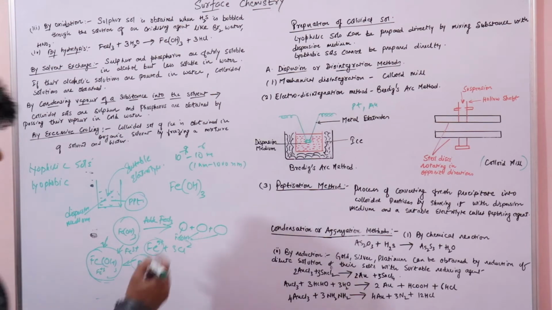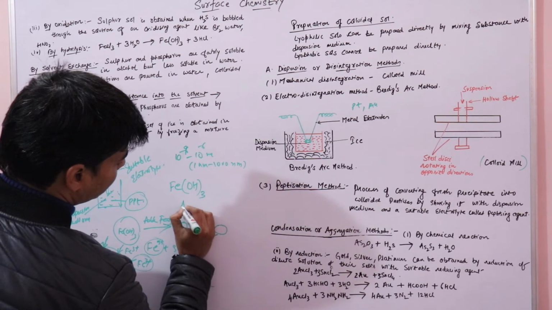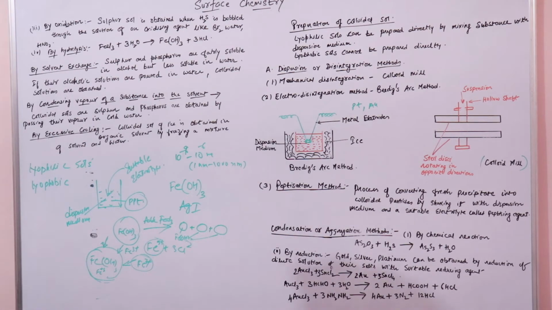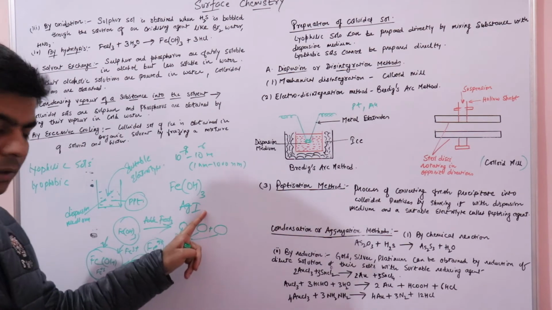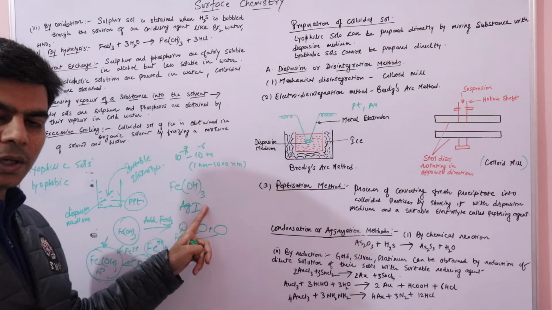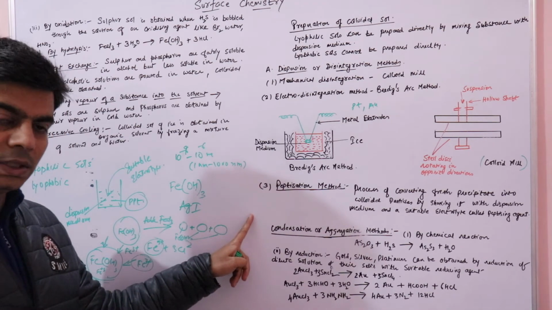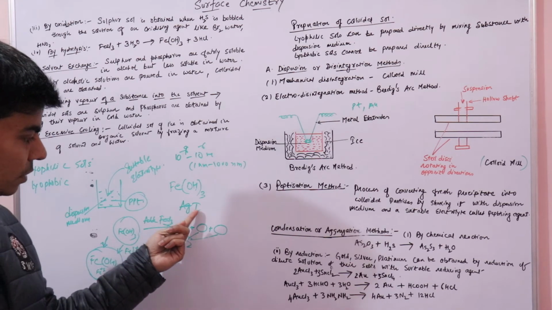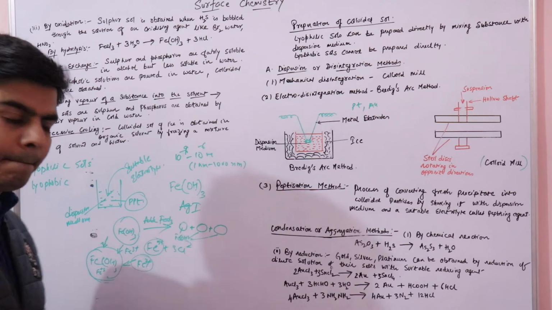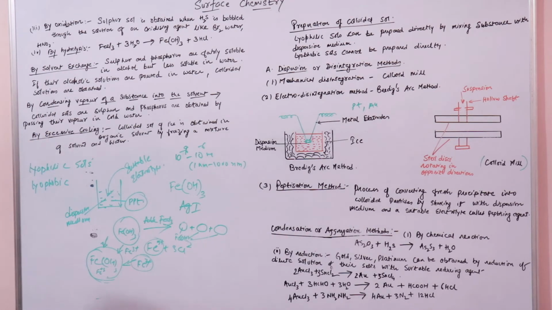If you have a precipitate of, say, silver iodide, the suitable electrolyte that you can add to convert this silver iodide into particles of colloidal range should contain either silver ion or iodide ion. So you can take silver nitrate, or you can take potassium iodide, right?